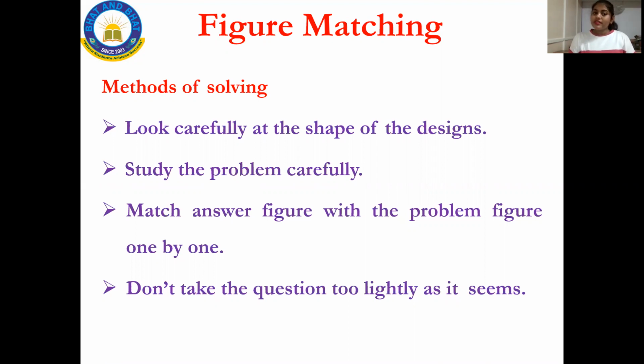The third point: match the answer with the problem figure one by one. Students, I know you are brilliant and you will score good marks in mental ability. But when you are solving in tuition or at home, you have to go through each and every option.